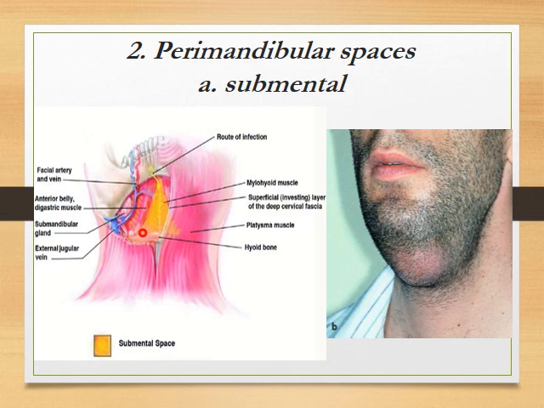The etiology: the cause or the spread of infection from where? Isolated submental space infections are rare. As I said, the perimandibular spaces are connected, so isolated submental infection is rare. It's usually caused by infection from the mandibular incisors, central or lateral.